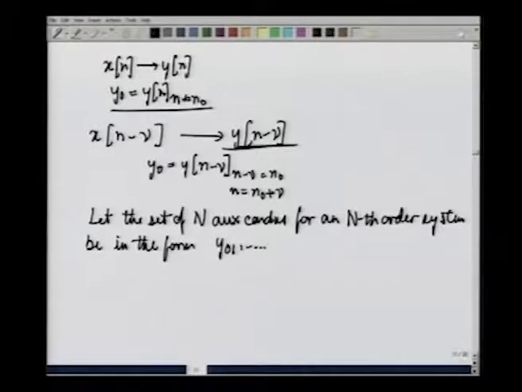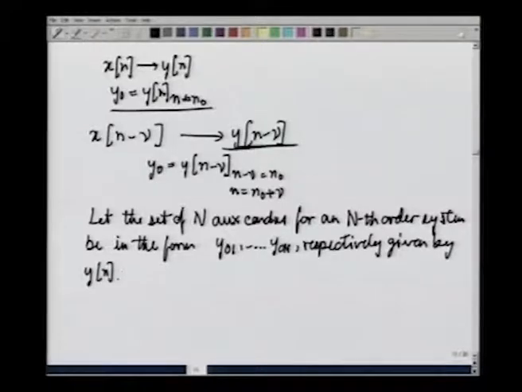y01 to y0n, which are essentially respectively given by y n at n01, y n at n02 and so on to y n at n0 n.